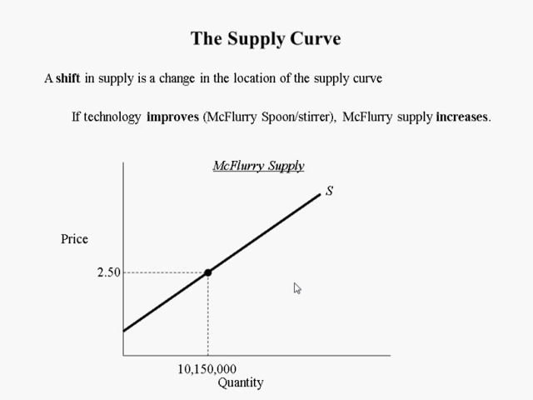You hand the stir-spoon to the customer with a McFlurry, nothing to clean, and no wasted product. So that lowers the marginal cost of production. If we hold quantity constant, the marginal cost of producing a McFlurry goes down. If we hold the price constant, that represents an increase in supply.